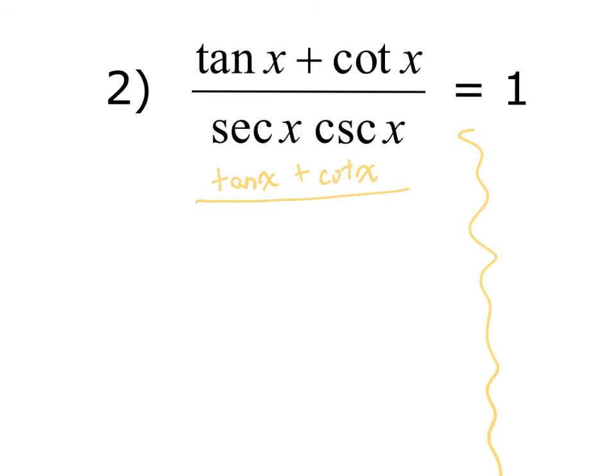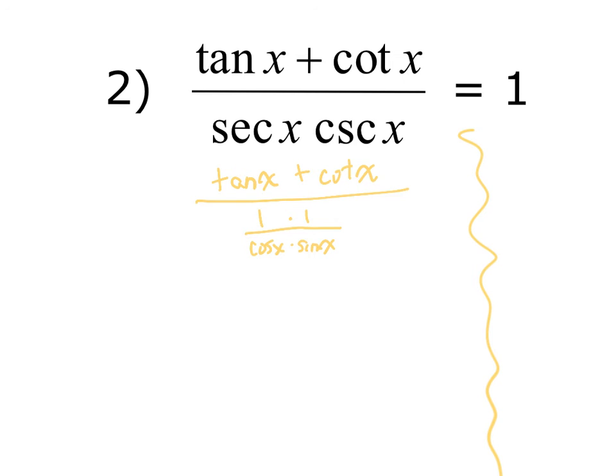So I'm going to keep those tangents and cotangents for now, but I am going to rewrite on the denominator. I'm going to rewrite the secant and the cosecant. The secant we know is 1 over cosine of x, and then that's times 1 over the sine of x. So I have a common denominator, and I have this complex fraction, so I can do keep it, change it, flip it.